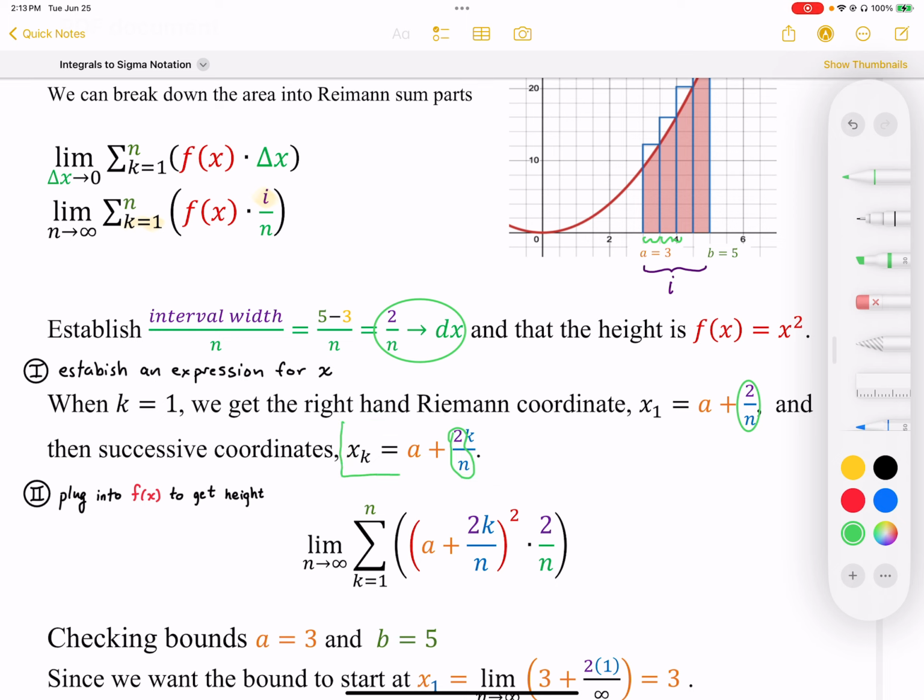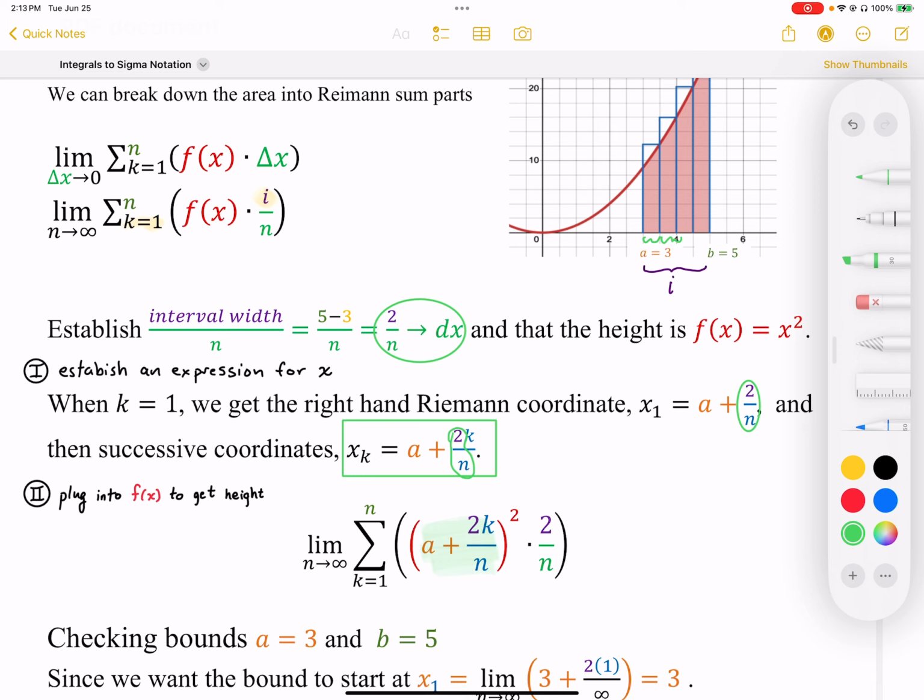Once we've established our expression for x, which I've notated as x sub k, I can now plug that into the x in our function. In this case, our function is x squared. So notice that inside the x squared is my a plus 2k over n expression. That represents our x. We square that to get the height.